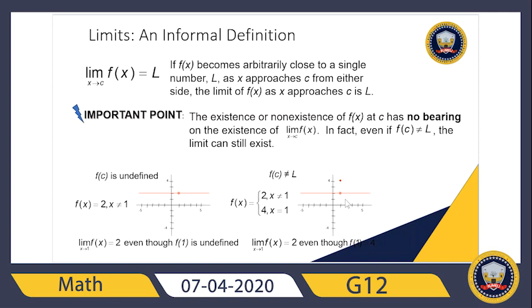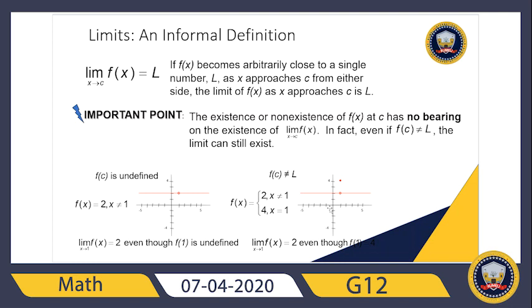the limit of f(x) is 2. Why is it 2? Because look at the point next to this open circle: the value is 2. And look at the point from the left: it's also 2. So in this case, the limit of f(x) equals 2, while the value of this function f(1) is 4, because it's defined as 4. So guys, in this case, we have both the value of the function and the limit, and they're not equal.